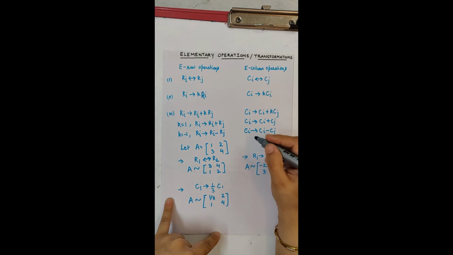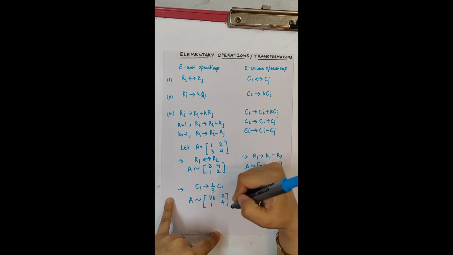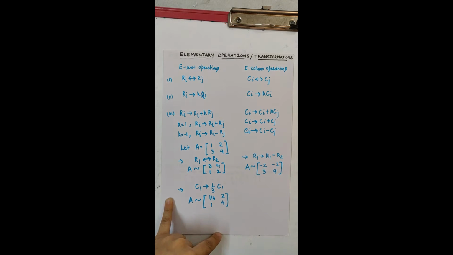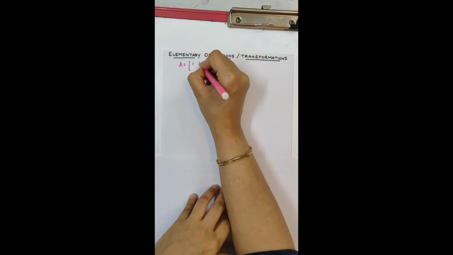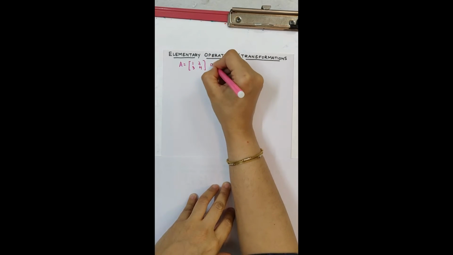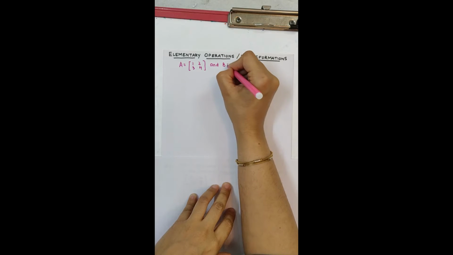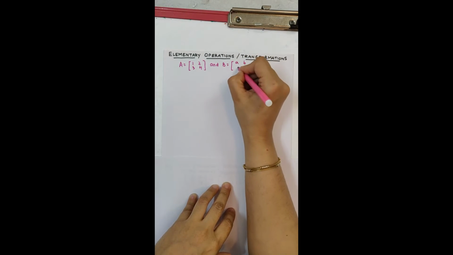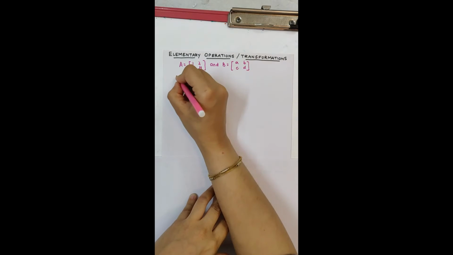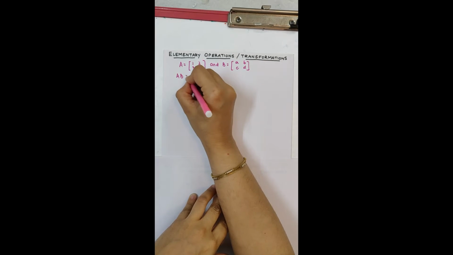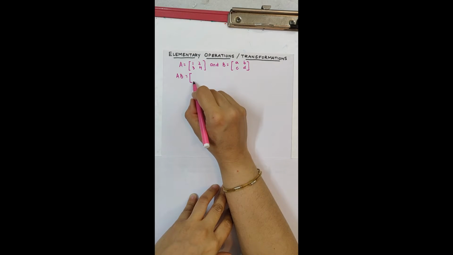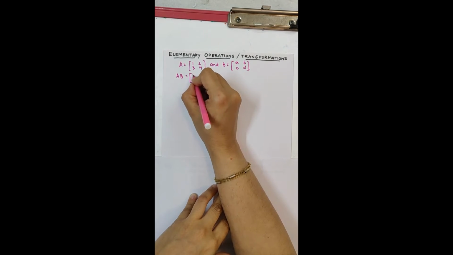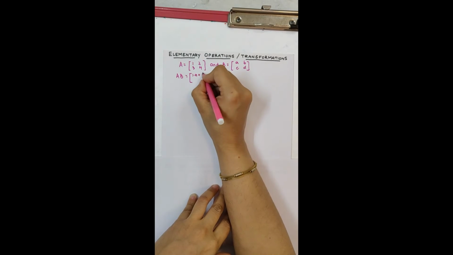So this is all about the elementary row and column operations, that is, what the operations are and how they are applied. Now suppose I have two matrices A, 1, 2, 3, 4 and matrix B, a, b, c, d, and let us take their product A into B. From our knowledge of multiplication of matrices, we know that this matrix will be 1a plus 2c.